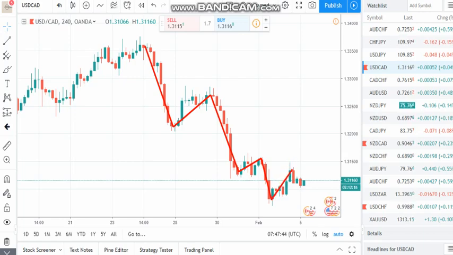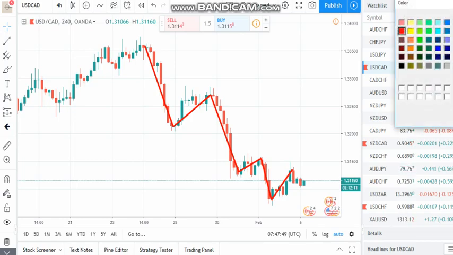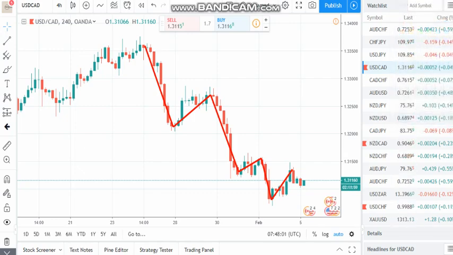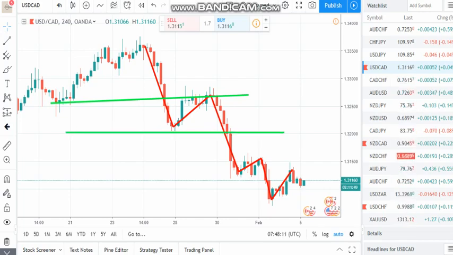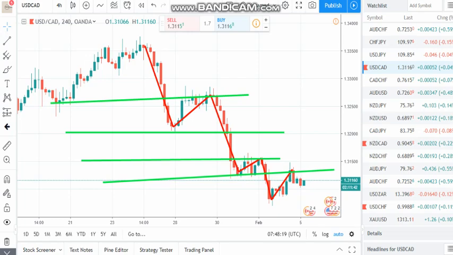So what we are spotting here are those support and resistance zones. Those are the zones that we are looking to enter the market in. Those are the support and resistance zones that we'll be spotting as the trend moves down.